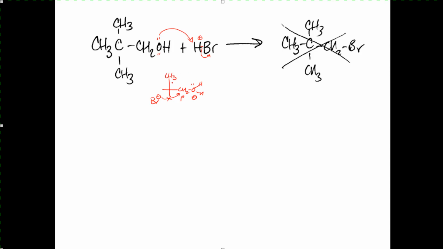And so what would happen most likely in this case, if we heated it up, is one of the methyl groups would shift over and we would do a 1,2 methyl shift to then give us the methyl shifting and the water leaving all at once to then give us this tertiary carbocation, which then the Br minus would come in and add to.